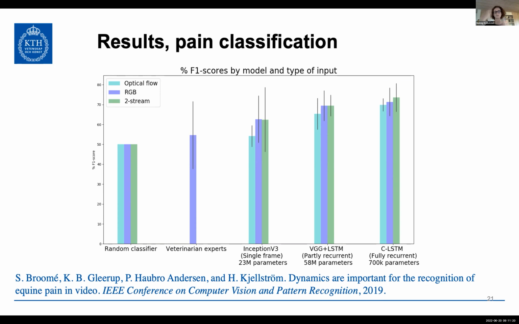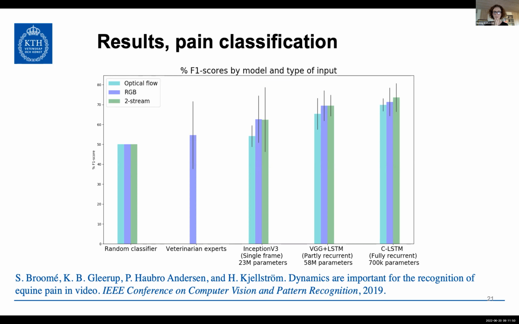And that includes temporal information, but an even more integrated use of temporal information is achieved by the network I showed in the last slide, which is a CLSTM, two-stream CLSTM. So we can see that the single frame model performs the worst, and then this is slightly better, and the fully recurrent performs the best.